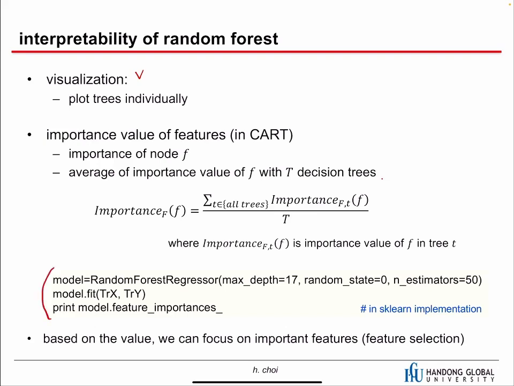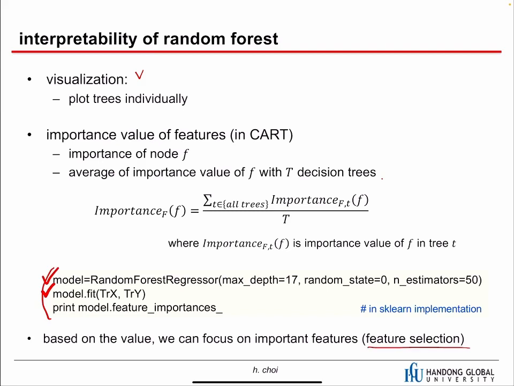And this is sample code to use random forest in sklearn. Just one line to define a random forest, and one line to train it, and that's it. If we have importance values for all the features, then we can use these importance values for feature selection.